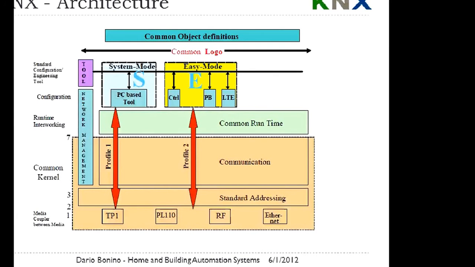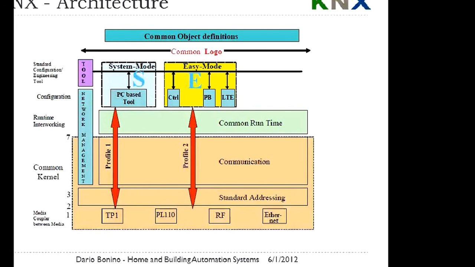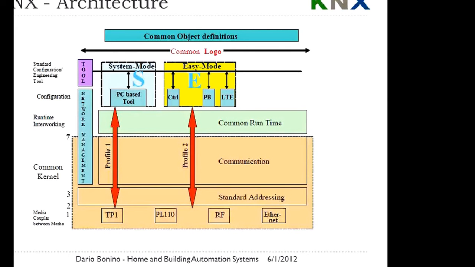So, for example, TP1 is based on twisted pair, PL on power line, RF on RF transmission, and there is also some communication over Ethernet. There is a standard addressing schema, so all the devices, independently from the communication network, are addressed in the same way. Basically, there are two kinds of addresses. One is the individual address for the device, the other is a group address, which is used for binding devices together.